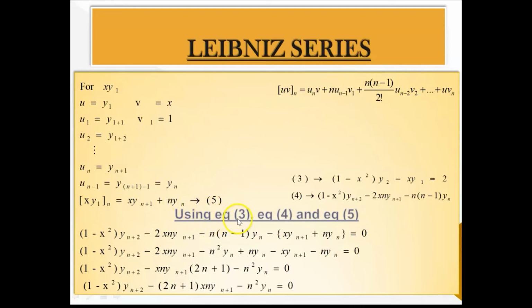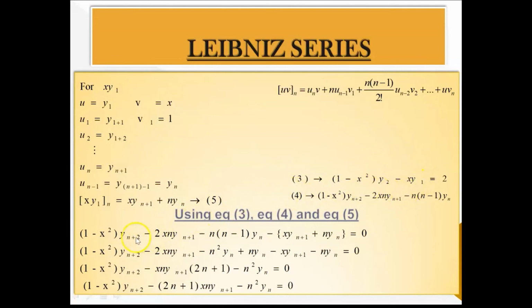Using equations 3, 4 and 5, we will substitute these values into equation number 3. Equations 4 and 5 will be substituted into equation number 3 because this is the nth part and this is also the nth part, right?